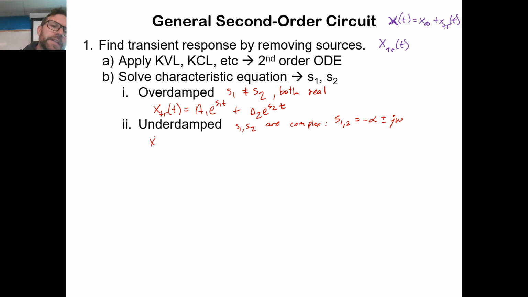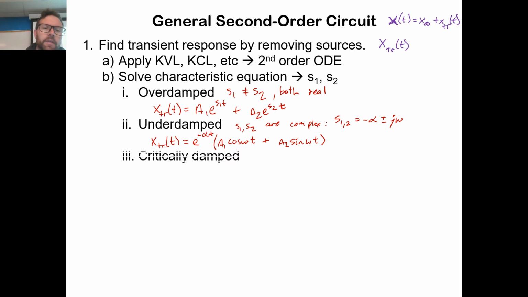When you find it that way, the transient response x of t is going to be of the form e to the minus alpha t times a1 cosine omega t plus a2 sine omega t.